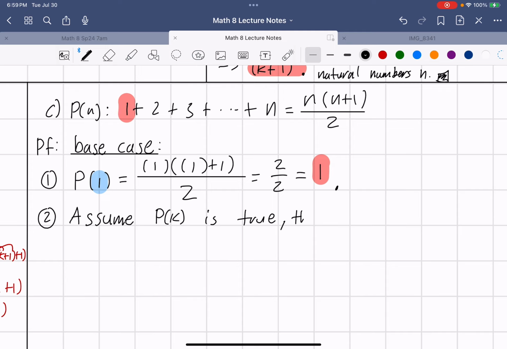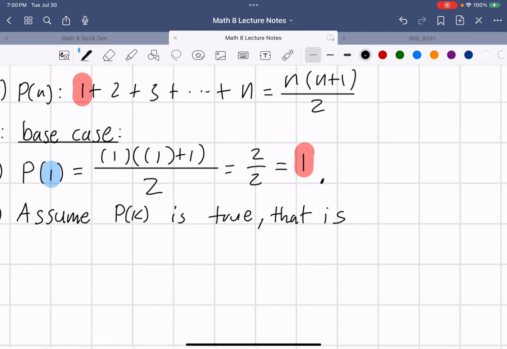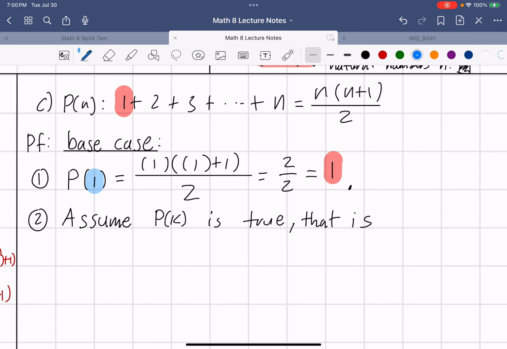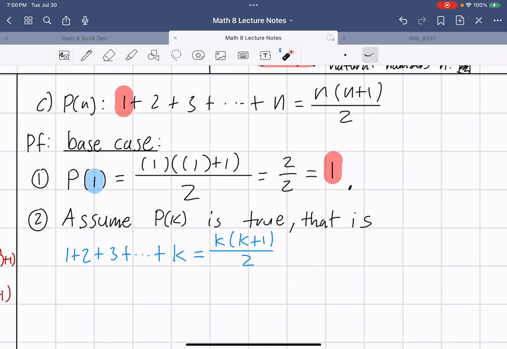Now, like I said before, I write it in a different color, but when I say that is, I'm trying to write what it means for P of K to be true. I'm essentially just replacing everything with K. Because if I were to say P of K is true, that means I'm just plugging K into this P of N. So this becomes K, that becomes K, and this becomes K.